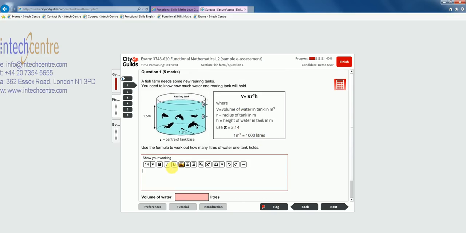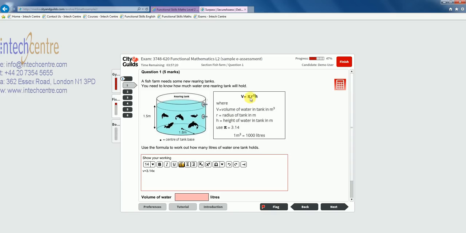So this is what I would do first. So we know that the volume equals pi r squared. So we have volume is, so we're going to replace the pi with the value. So that's 3.14, and this is multiplied. Remember these values are related by multiplication.